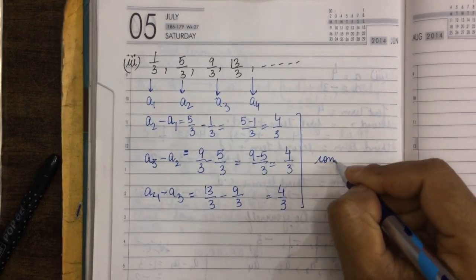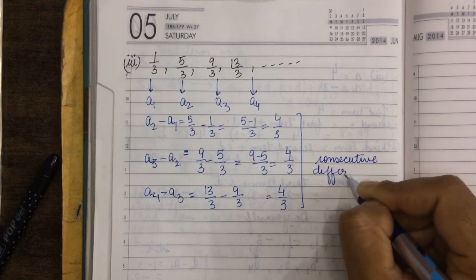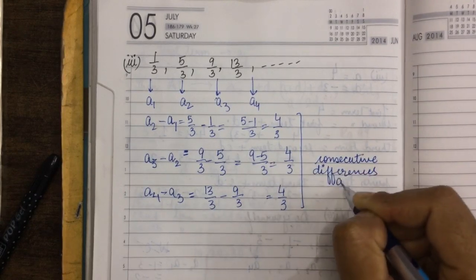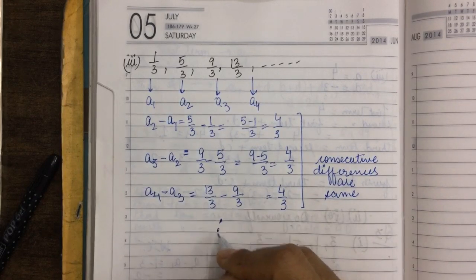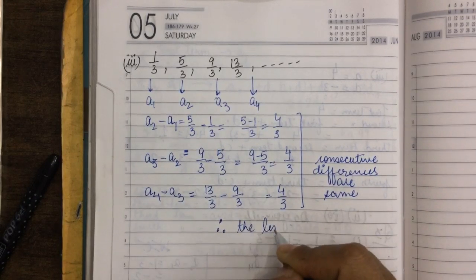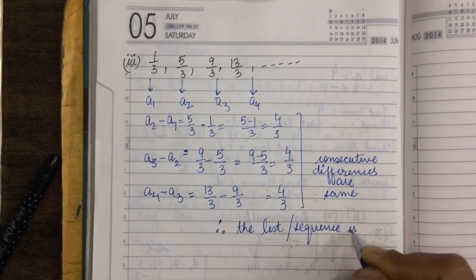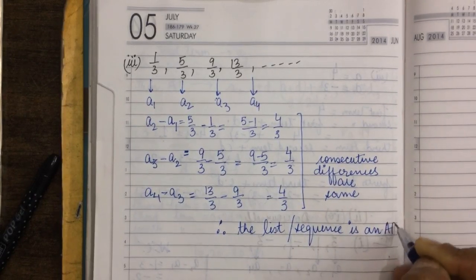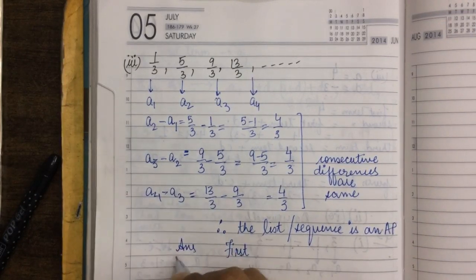So you can write down consecutive differences are same. Therefore, the list or sequence is an AP. And now we answer.